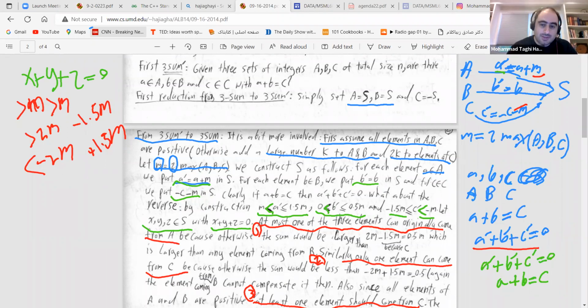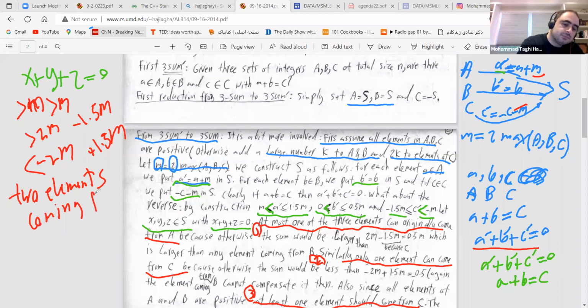The only bad part that remains is that two elements are coming from B. So what about if there are two elements coming from B? Why is this case not possible? Please unmute and answer.